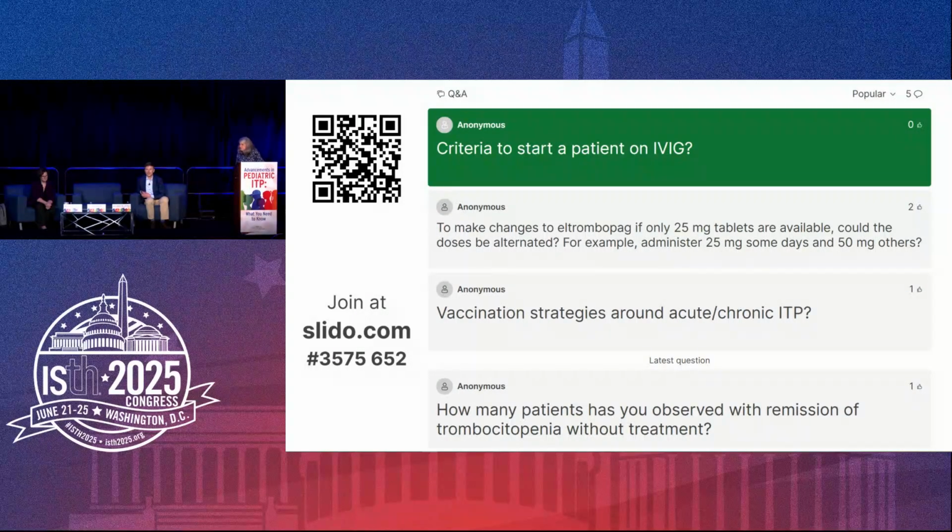Yeah, so for IVIG, I typically would reserve this for a patient with more significant bleeding at presentation. So this is a patient that you're going to want to observe in hospital and is not suitable for going home. So more moderate bleeding, or if there's a drop in hemoglobin. Sometimes, at my institution, the review of a peripheral blood smear is not very quick.